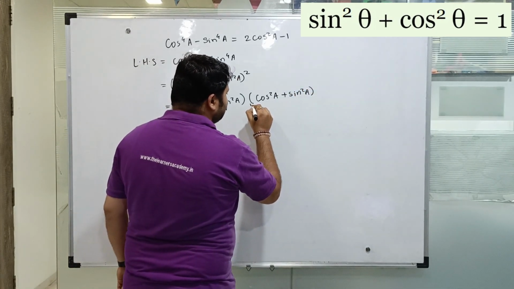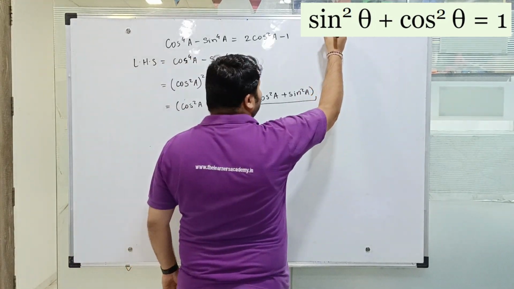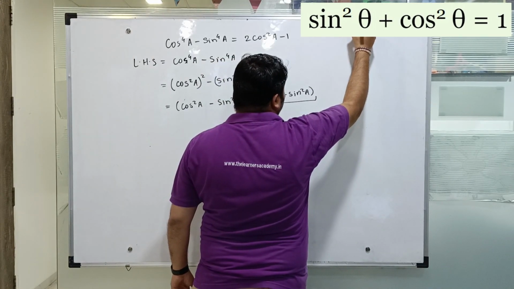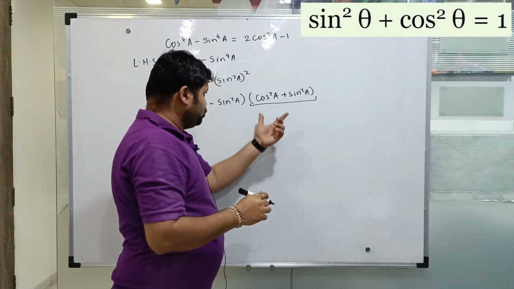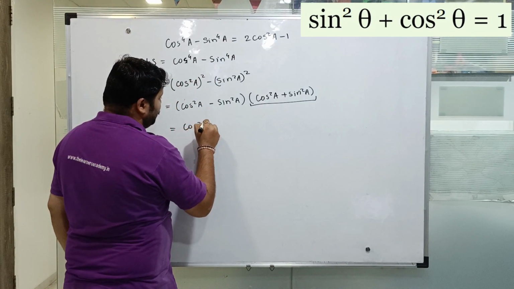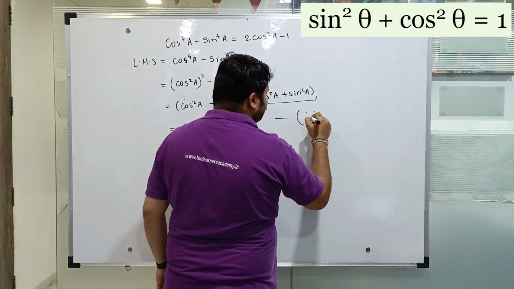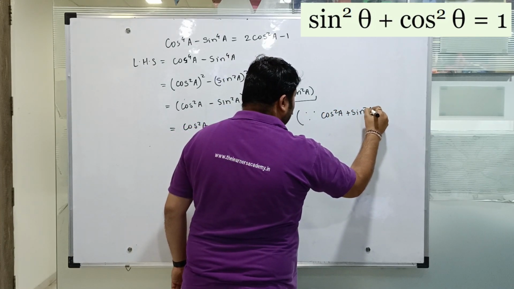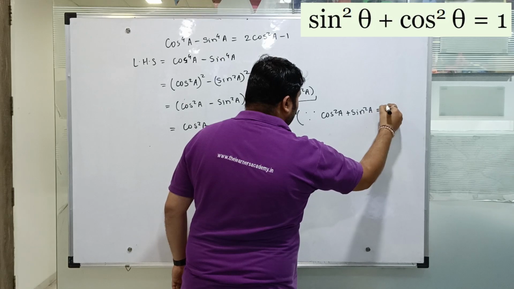Now this particular thing is in our identity. I'll write the identity that we are concerned about today here, that is cos square a plus sin square a is equal to 1. So this is equal to 1, so I can say that this is equal to cos square a minus sin square a. I will write a reason here because cos square a plus sin square a is equal to 1.